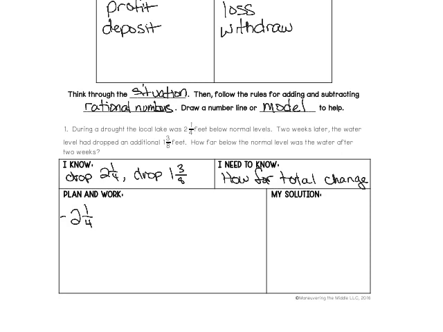But because it's dropping below 0, we're using a negative 2¼ feet. It was a net loss. And then 2 weeks later, the water had another net loss. So are we subtracting 1 3/8 from 2¼? No, because we know that this was a loss plus another loss, and we want to know what the total was.